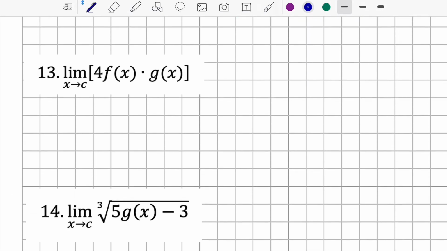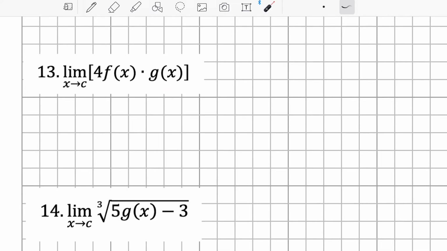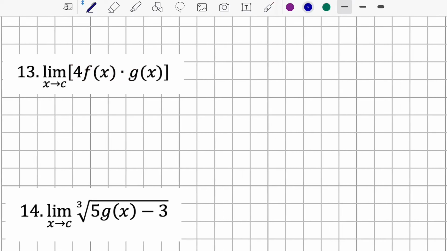Alright. Now, there's another property that says if you are multiplying two functions, then you can just multiply their limits. And this time you can take out the 4, because these are multiplying. If it wasn't multiplying, then you couldn't take out the 4. But since it's multiplying, yes, you can take out the 4. So let me rewrite it. It'll be 4 limit as x approaches c of f of x times g of x.